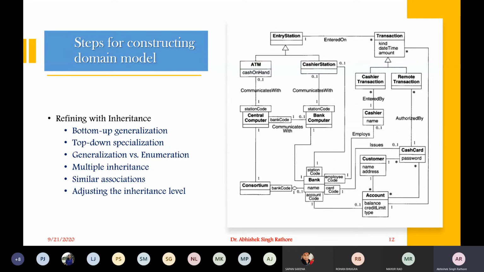Usually your enumerated subclasses in your particular application domain are the most frequent source of specialization. So when we are considering enumeration, these are the frequent source of your specialization.